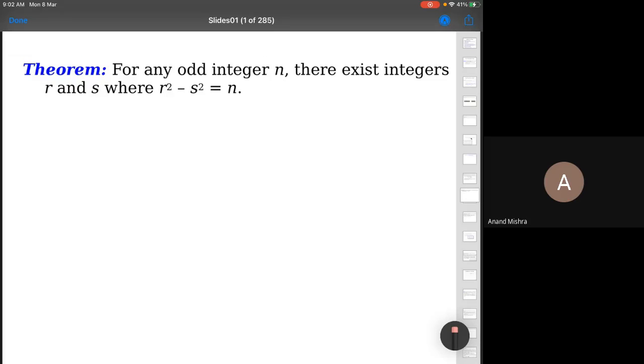The theorem says for any odd integer n, there exist integers r and s, where r squared minus s squared equals n. So n is an odd integer, and r and s are also integers. It is not saying that this is true for all integers, but that in the space of integers, there exist such integers r and s such that r squared minus s squared equals n, right?